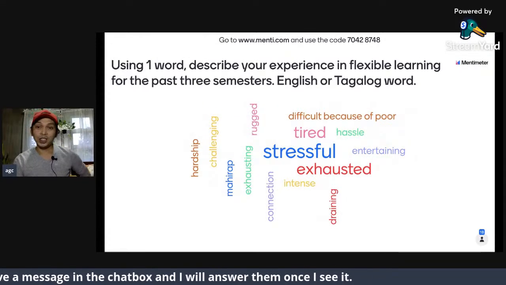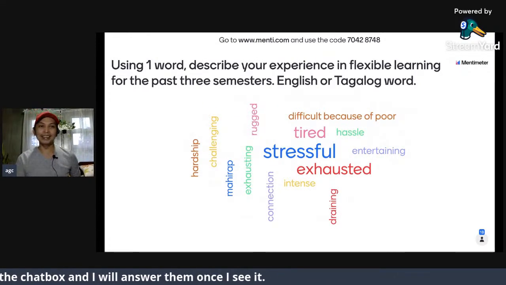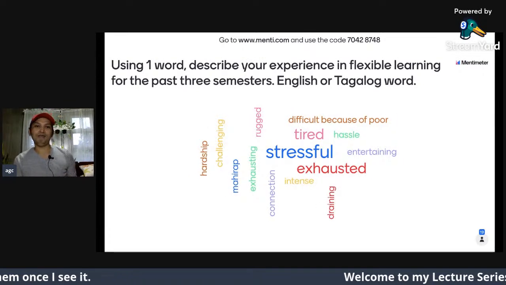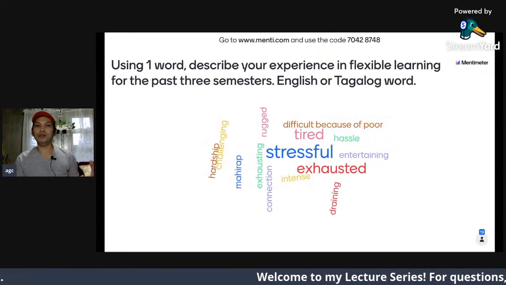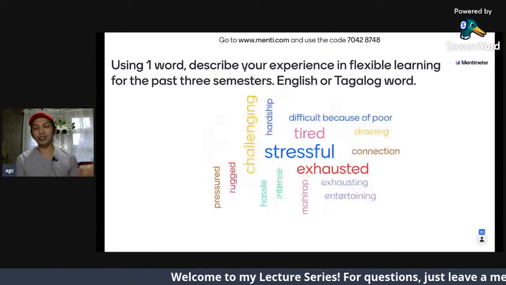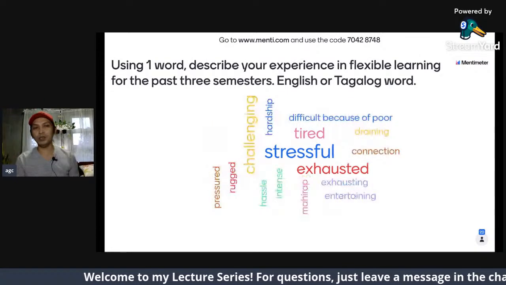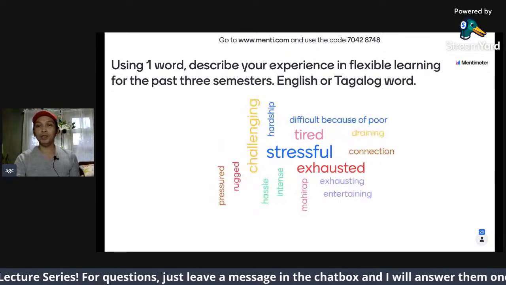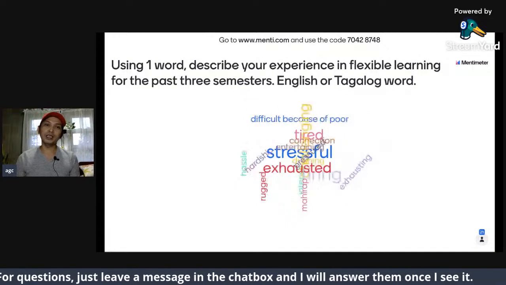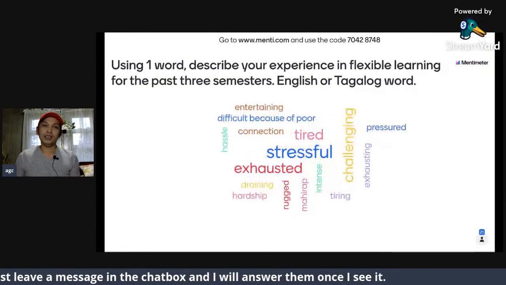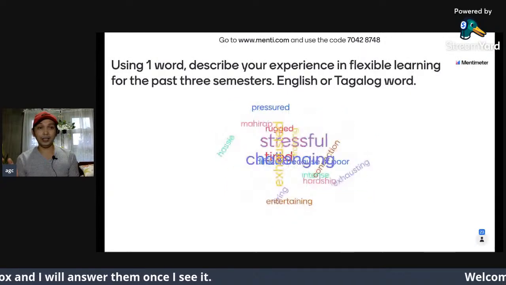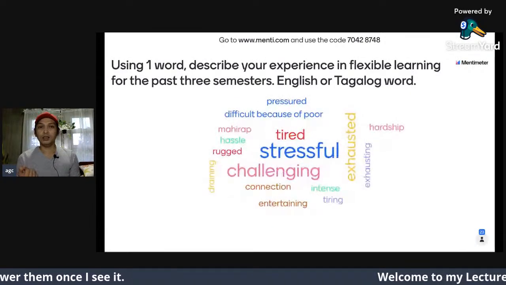So yeah, I share the same sentiment. So stressful on your part and stressful also on the part of your teachers, because until this moment most of us are still adjusting to the new normal, even though it's more than a year already. Yeah, because of some factors. One, of course, is yung internet connection.